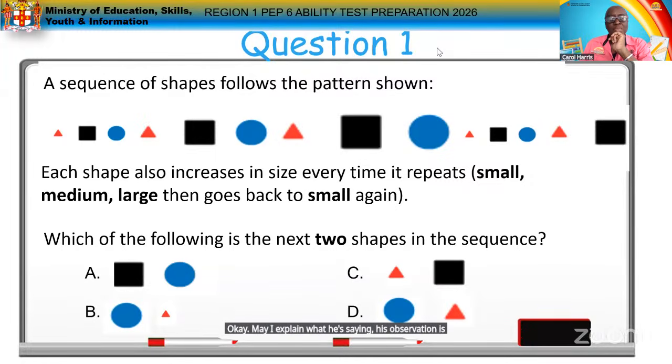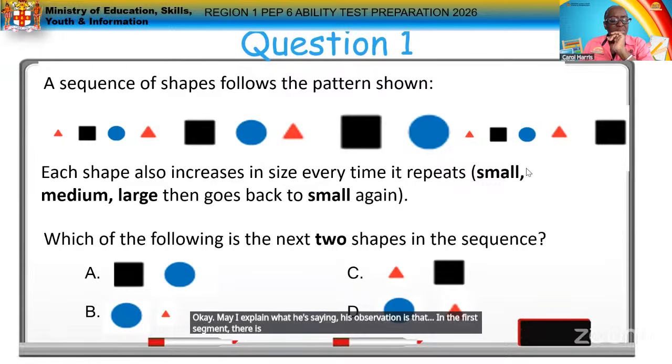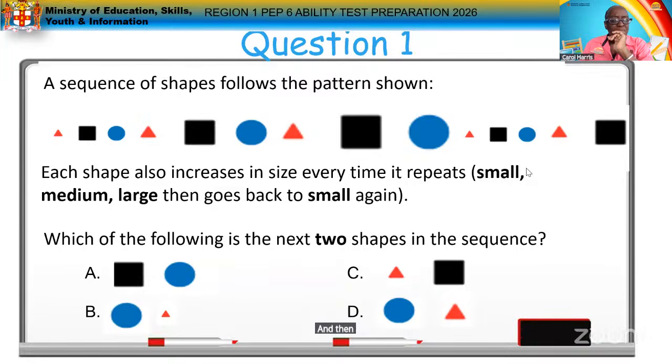Let us hear. In the first segment, there is a small triangle, a small rectangle or square, a small blue circle. Then the triangle increases in size, but it is still small in comparison to the other shapes. And then all the shapes increase in size, but one is removed.